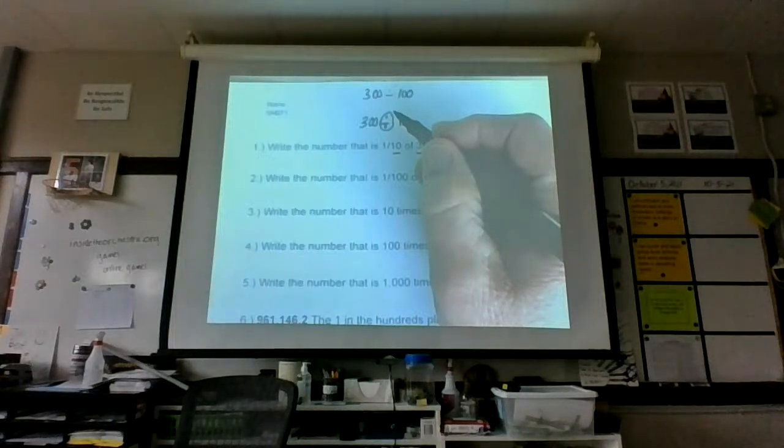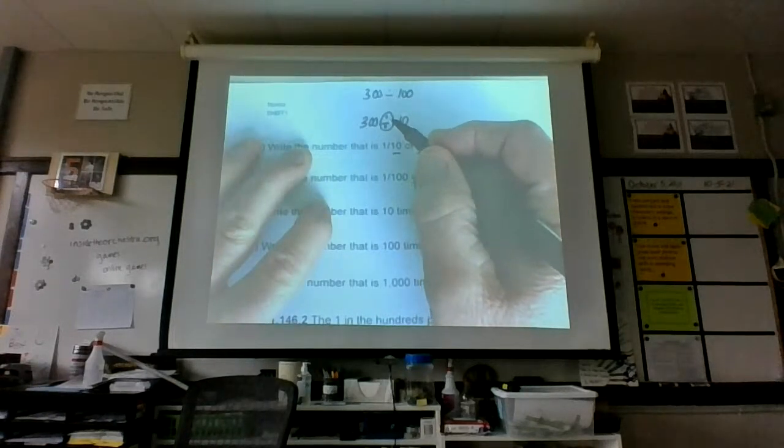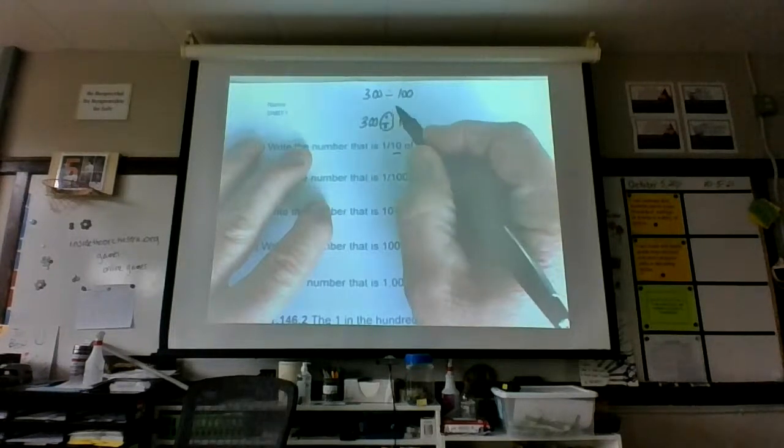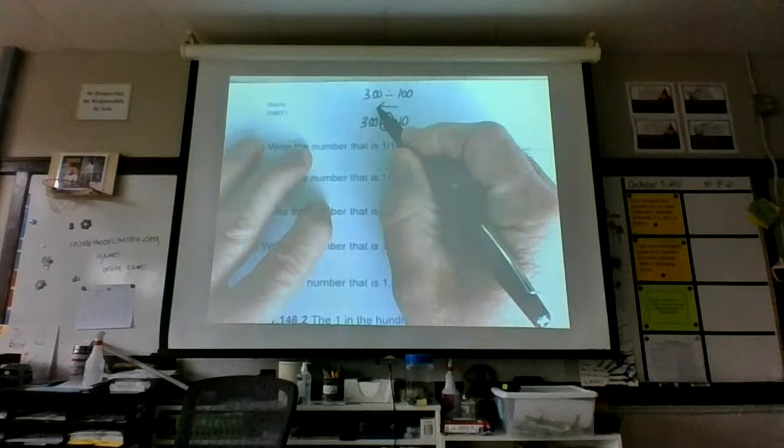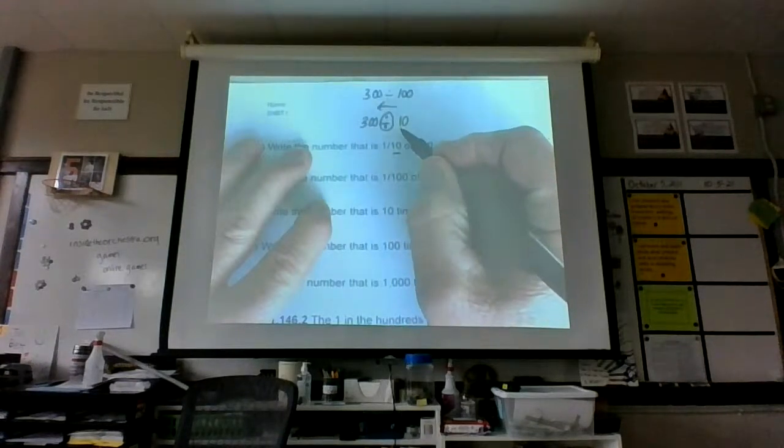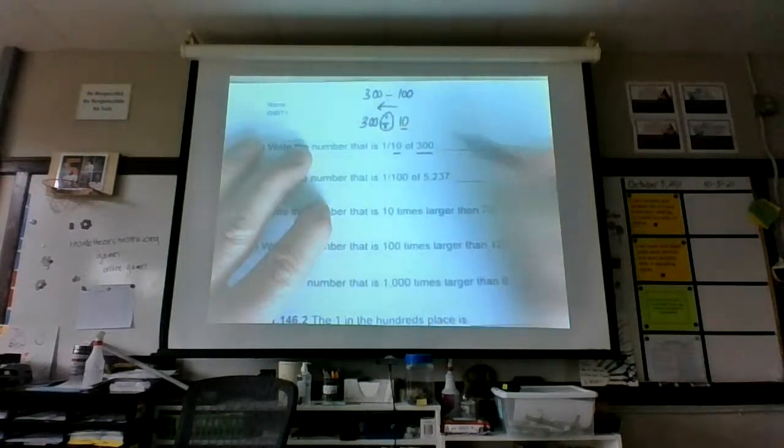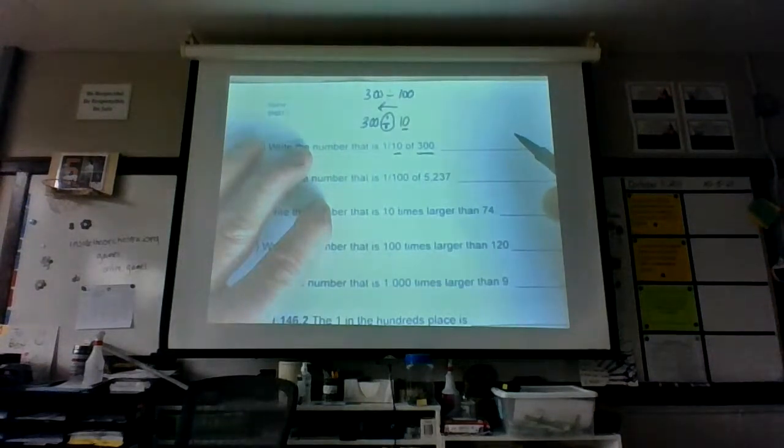But when we divided, we said the numbers get smaller, and it makes it look like the decimal point moves to the left. And how did we figure out how far it was going to move? By the number of zeros. Pay attention to this, Jenny. This is crucial to your understanding.